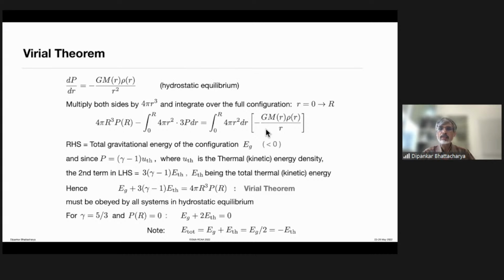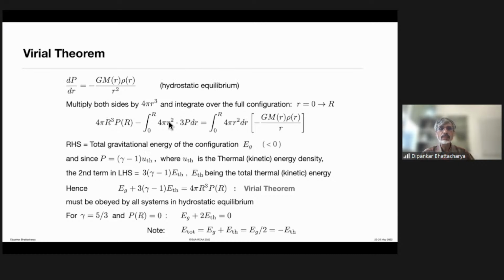And then that gravitational energy density is integrated over the volume of the star, going from 0 to capital R. So what we have in the right hand side is the total gravitational energy of the configuration, which is of course negative because the star is a bound object. So the right hand side can be simply written as Eg, where Eg is the gravitational energy of the star.